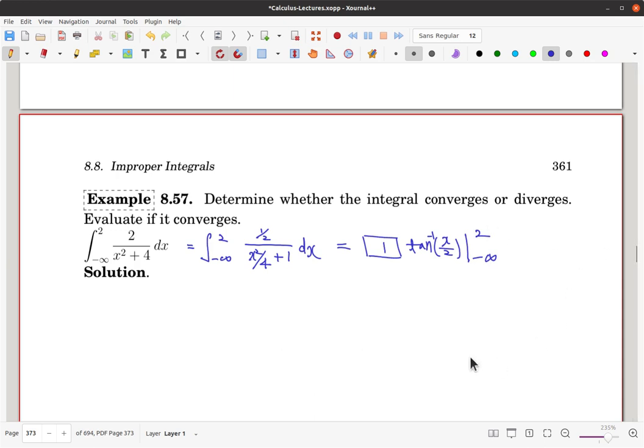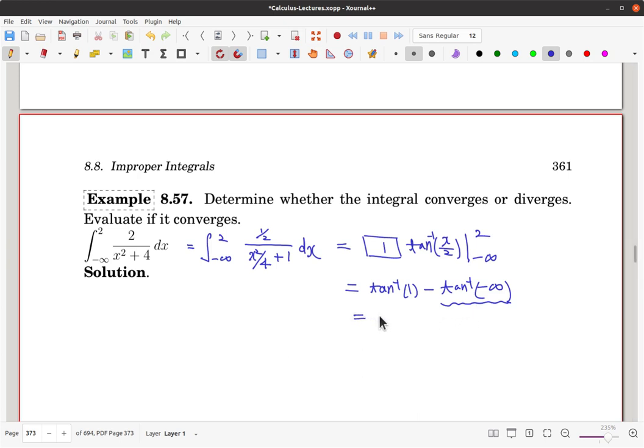Now, once it is 2, that is arctangent of 1, which is pi over 4, and minus arctangent of minus infinity, which is minus pi over 2.